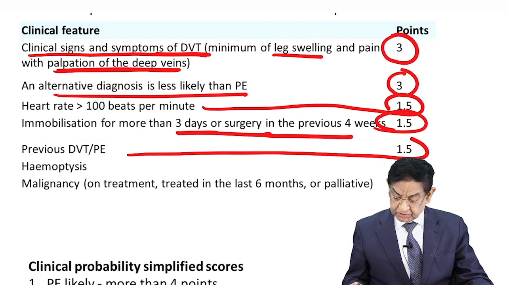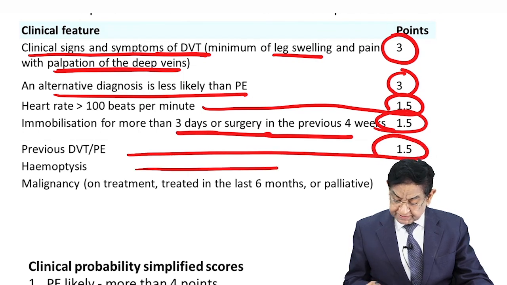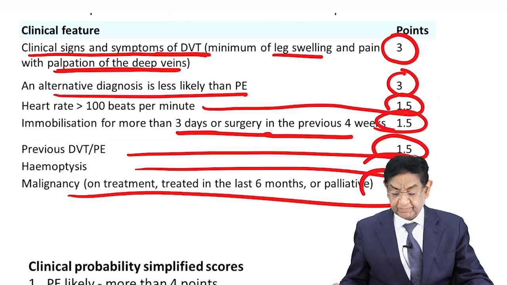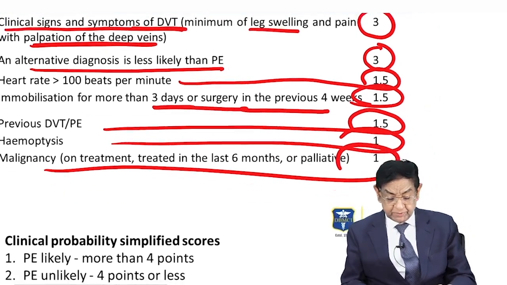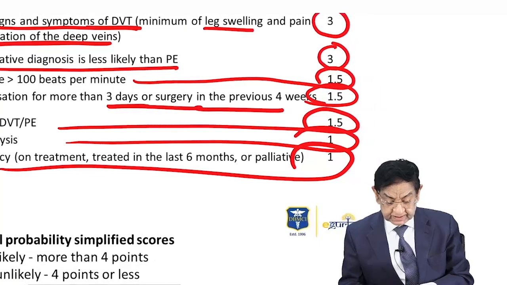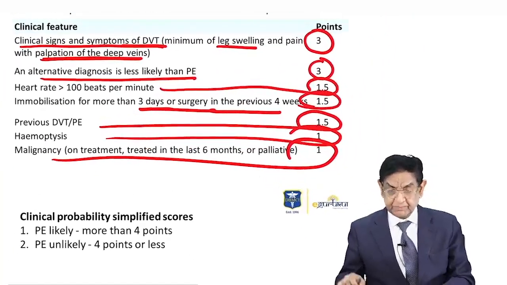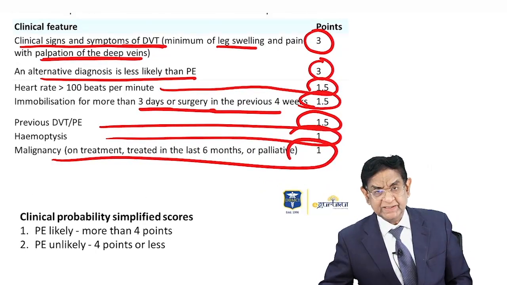Previous deep vein thrombosis 1.5, hemoptysis 1, malignancy 1 mark. Point to be noted that it has been made beautiful with the numbers also.